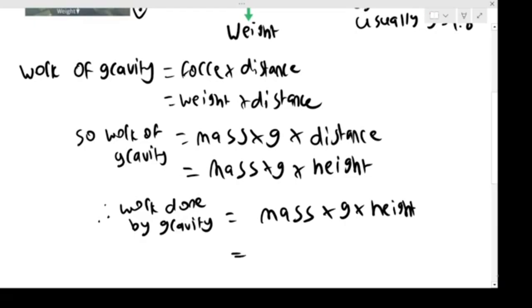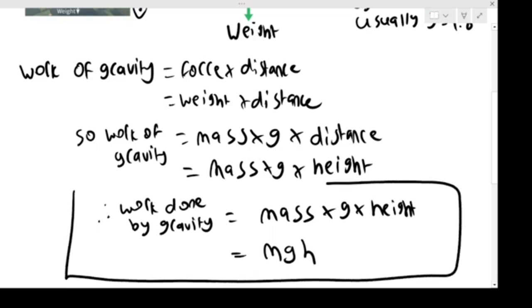And we can just say that if the mass is m, that's going to be m times G times height h. So this is the formula we're going to be using to work out the work done specifically from gravity, the weight force.